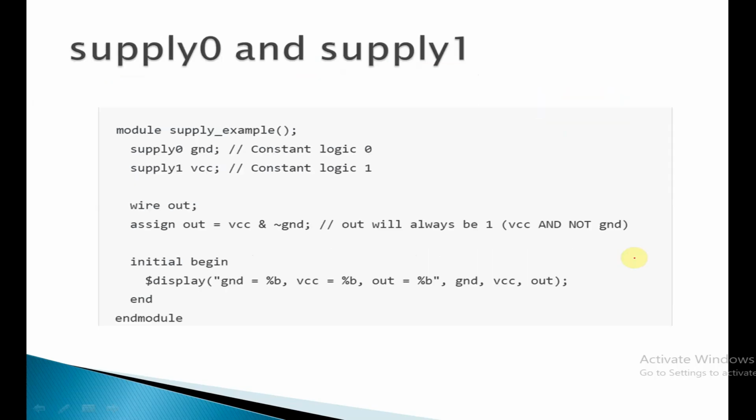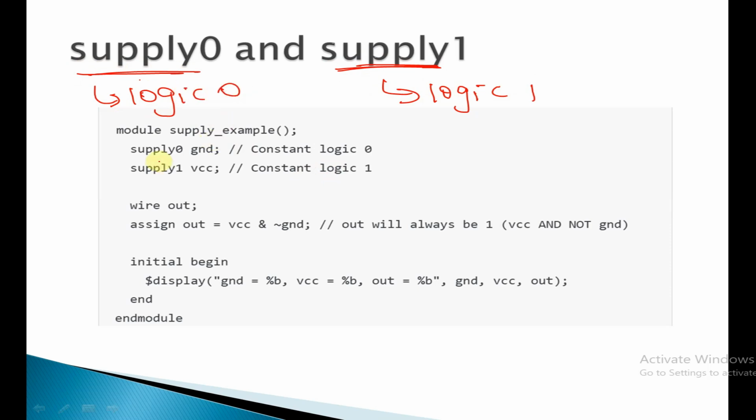Next is supply0 and supply1. Basically, these are used to give a constant logic 0 or constant logic 1. If you use the keyword supply0, it is given a logic 0, and if you use the keyword supply1, it is given logic 1. Here in this particular example, you have used the keyword supply0 followed by GND.